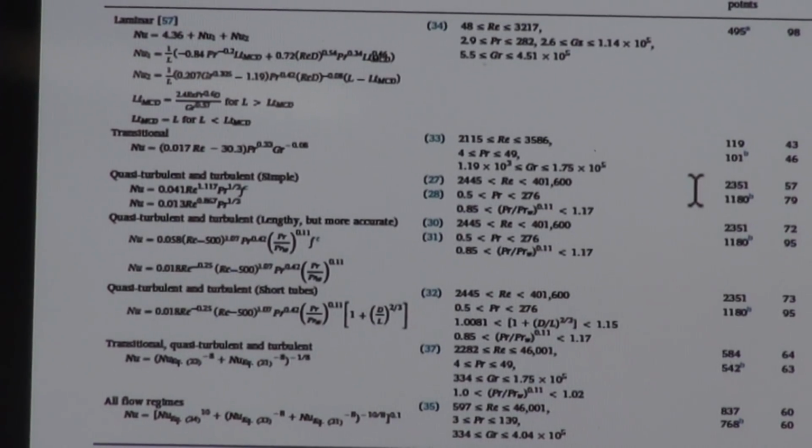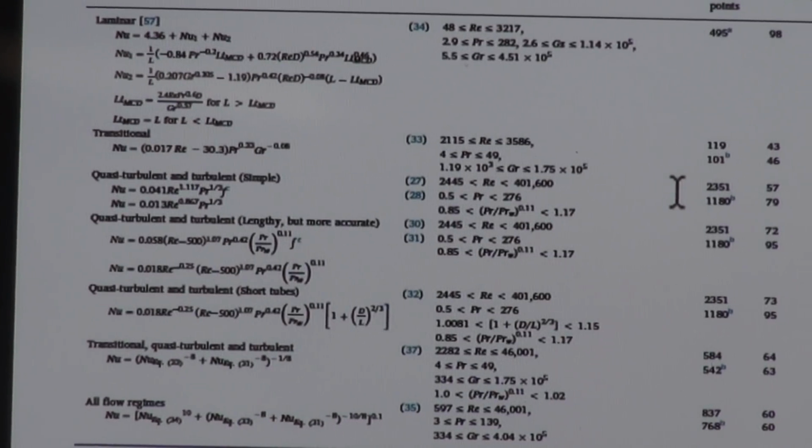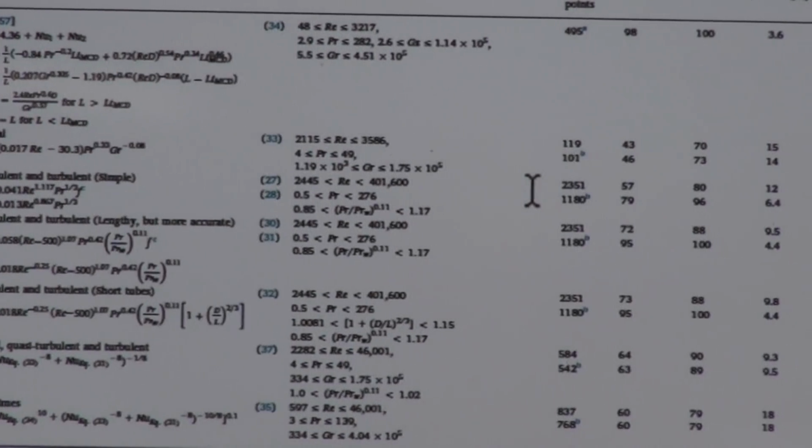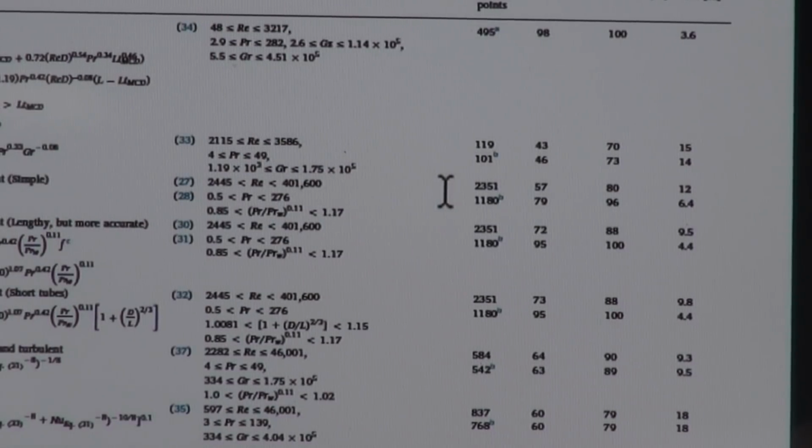You'll see the first few are for laminar flow, then for transitional flow, quasi-turbulent and turbulent. Quasi-turbulent and turbulent are the two important ones that you should take note of, especially for this part of the work, and then also for all the others.